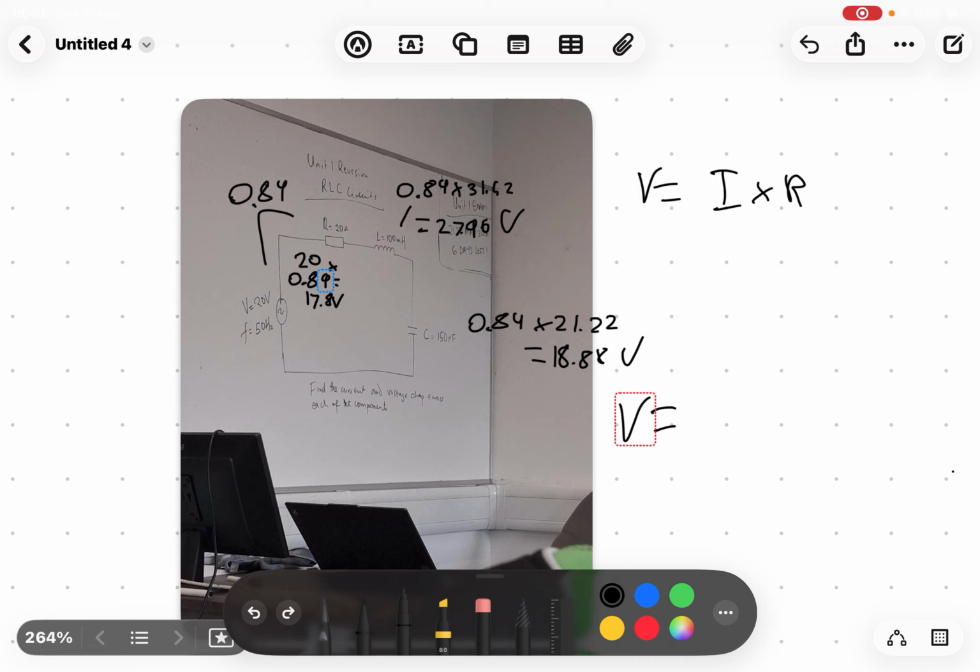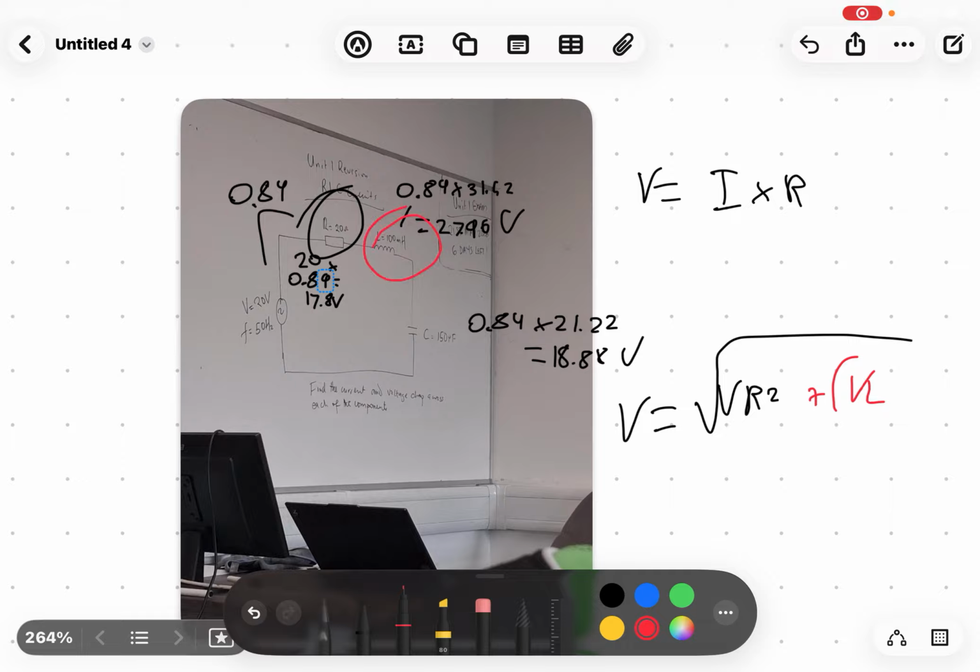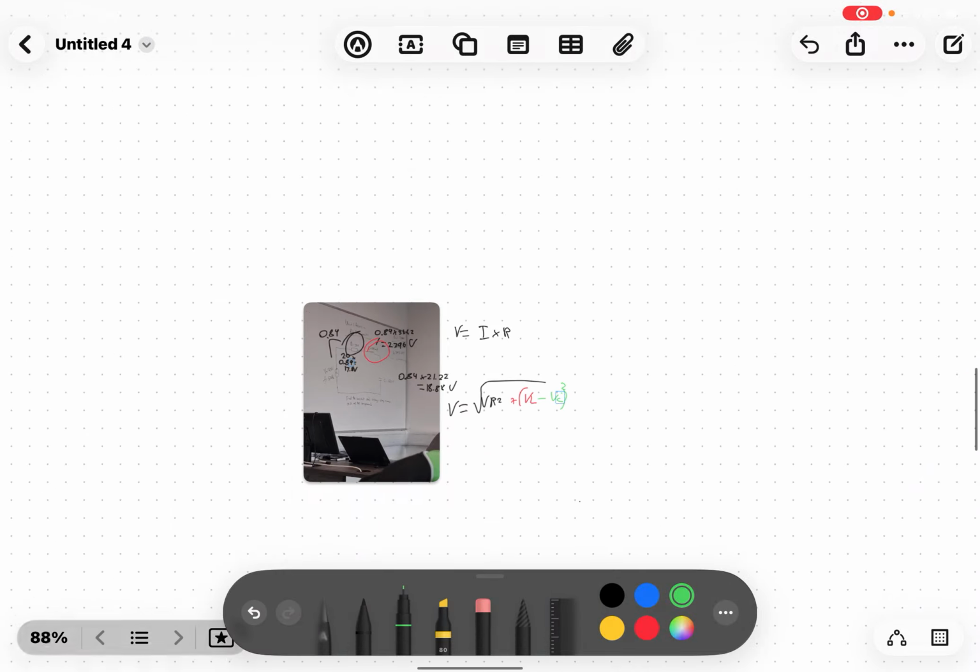The voltage here equals the square root of VR squared plus VL, that's this one, then take away VC. Basically it's the same thing we did before, but my brain is not working.